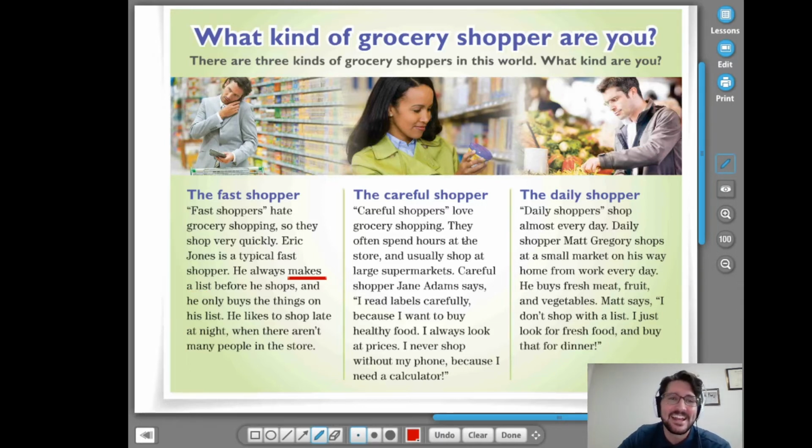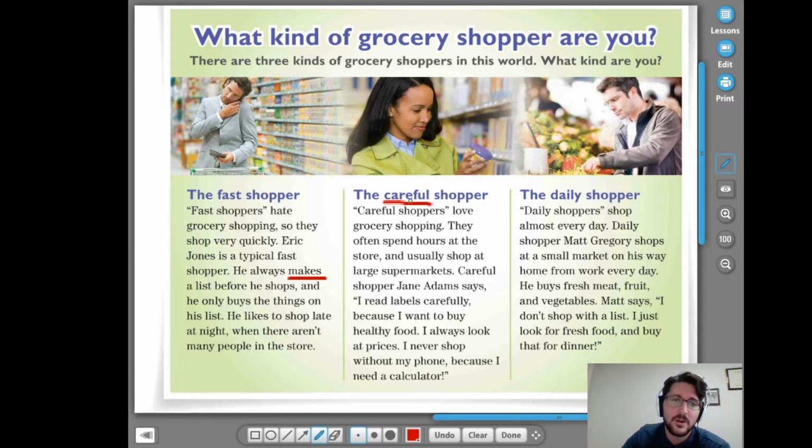And the next word we'll look at is this word here, careful. You might be thinking, teacher, careful, that's an easy word, right? Careful, yes. Usually careful is 조심해요. 조심하세요, right? Be careful. But in this case, a careful shopper, it's a little bit different meaning.